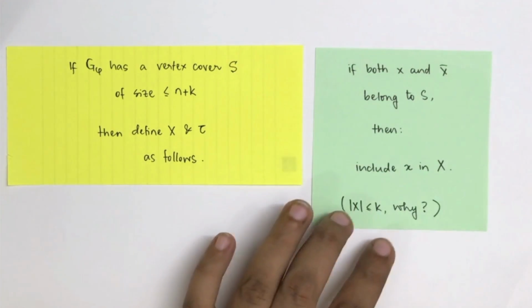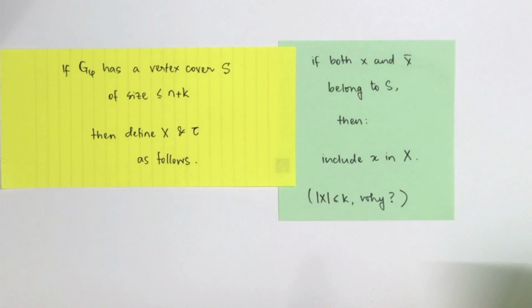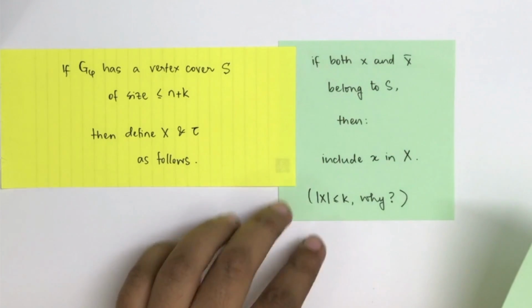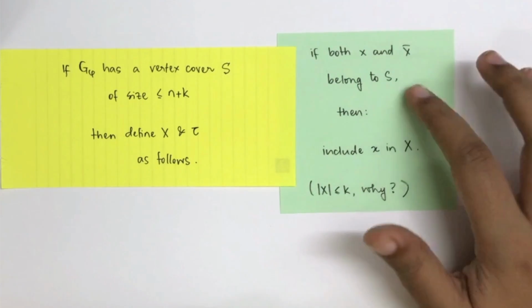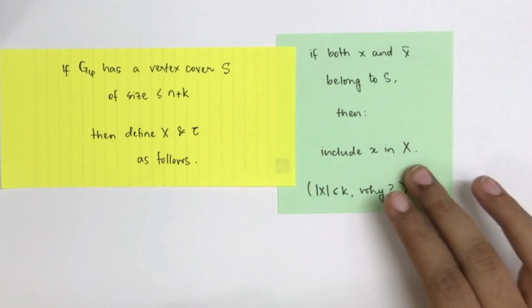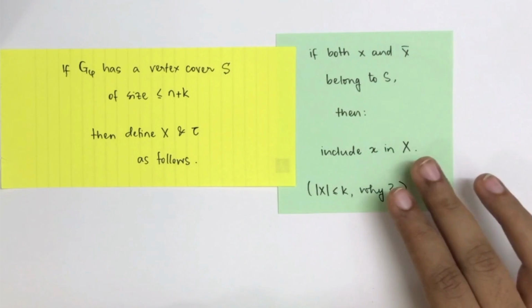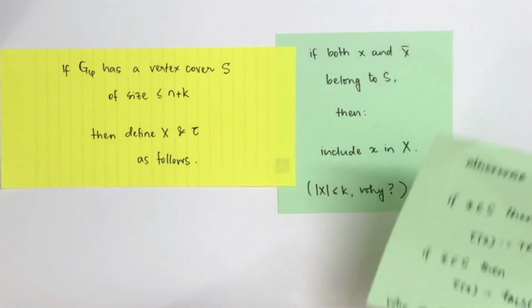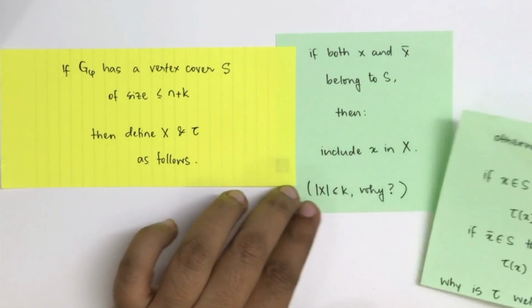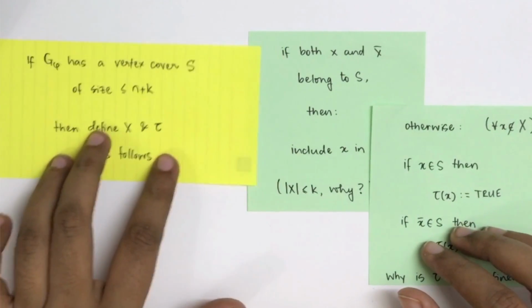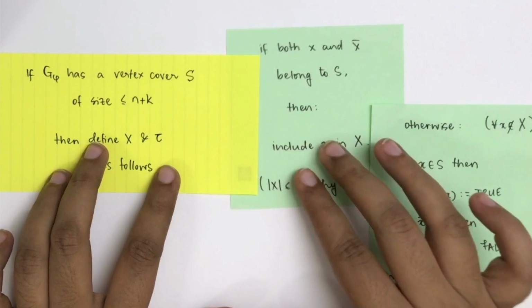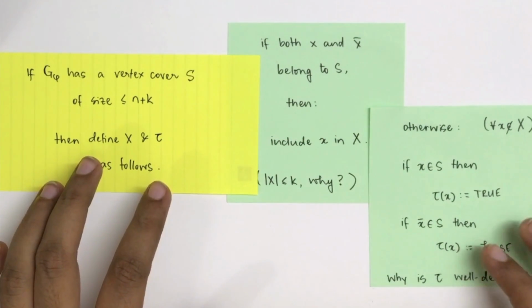So with that out of the way, let's describe the satisfying assignment based on the vertex cover that we have. If both the literals belong to our vertex cover, then we include the corresponding variable in our solution, and otherwise we are going to set the variables based on how the vertex cover has chosen from the corresponding matching edge.